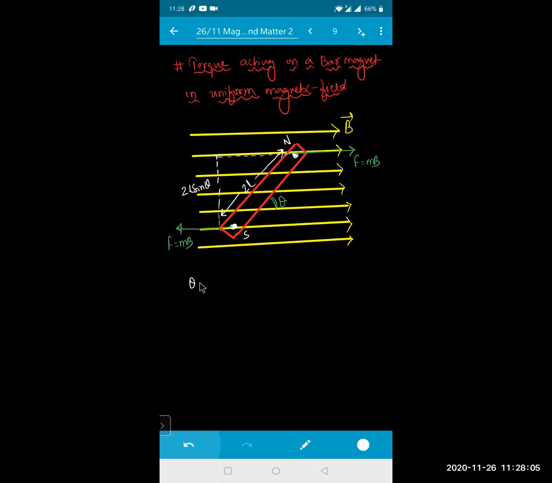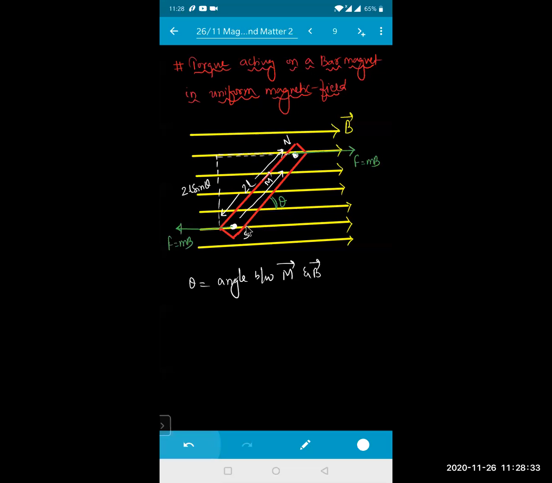So what is theta? Theta is the angle between your magnetic moment, that is M bar, and your magnetic field B bar. Look, the magnetic moment is in this direction, and the magnetic field is in this direction. So what is the angle between the two right now?